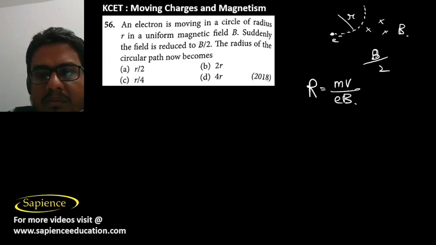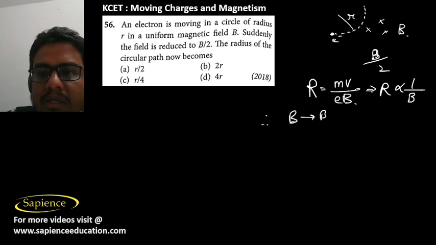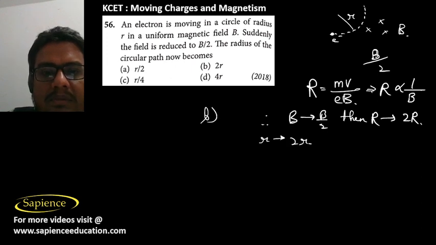So if the speed, mass and the charge are constant, then r is inversely proportional to the strength of the magnetic field. So when B is reduced to half, then the radius will be increased to 2 times. So r will now go to 2r. So option B is the correct answer.